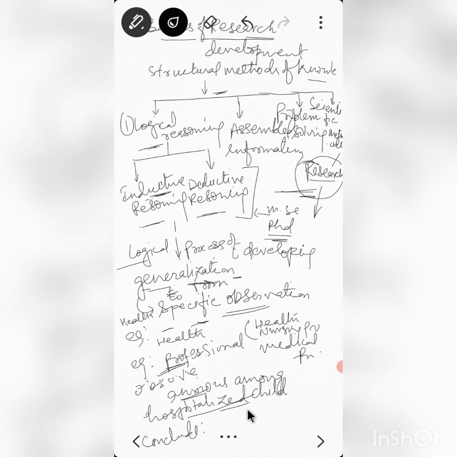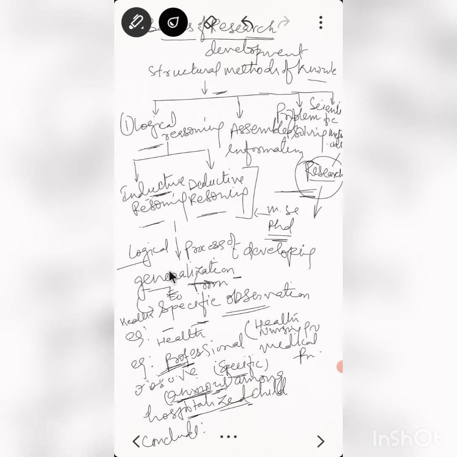The professional observed anxious behavior among hospitalized children. This is the specific observation made by the professional. Where did they see it? Among hospitalized children. Which behavior did they see? Anxious behavior. This is a particular, specific observation.